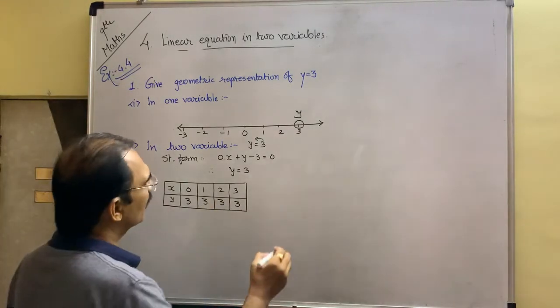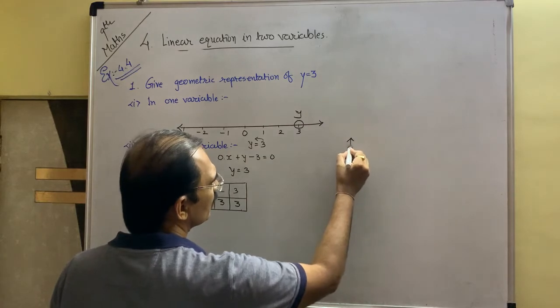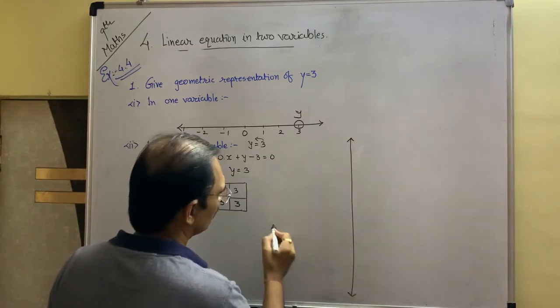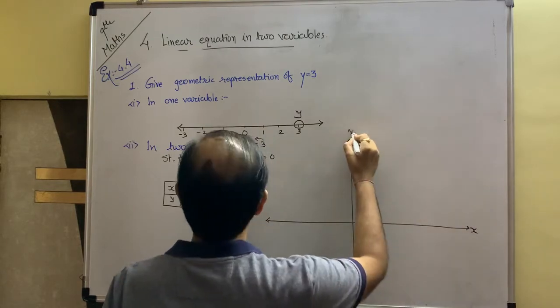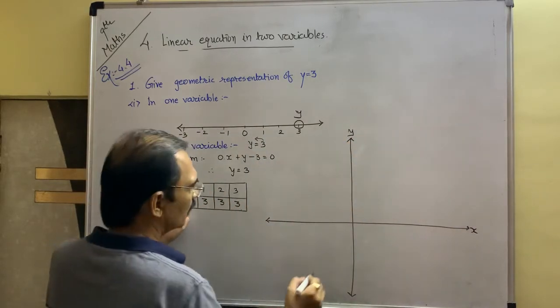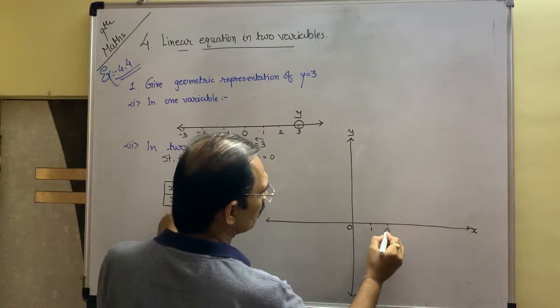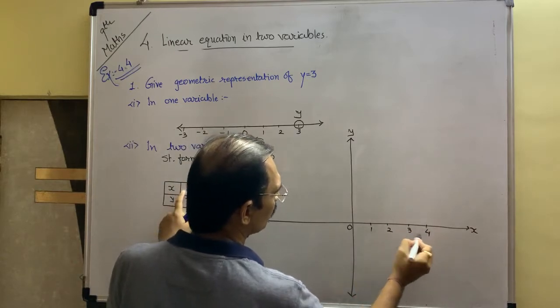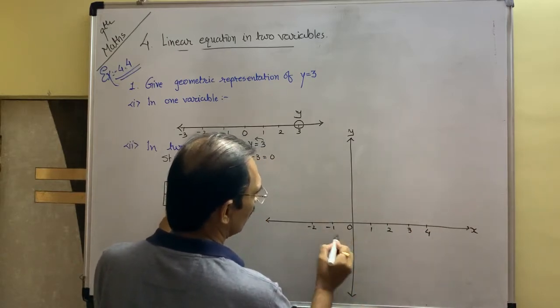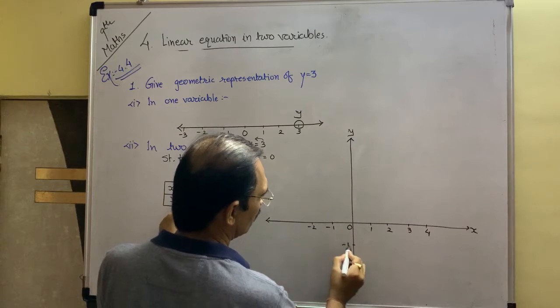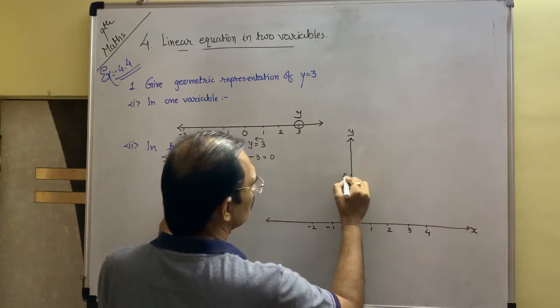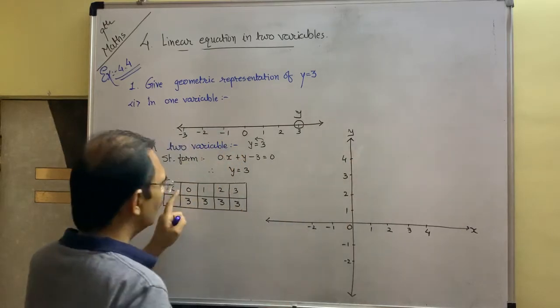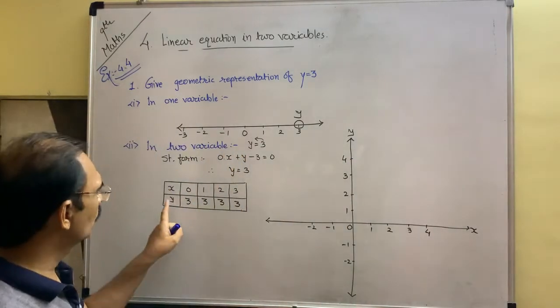Now if you draw the graph, x-axis and y-axis, 0, 1, 2, 3, 4, minus 1, minus 2. X equals to 0, y is 3.